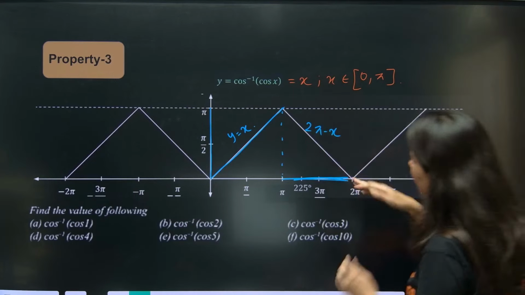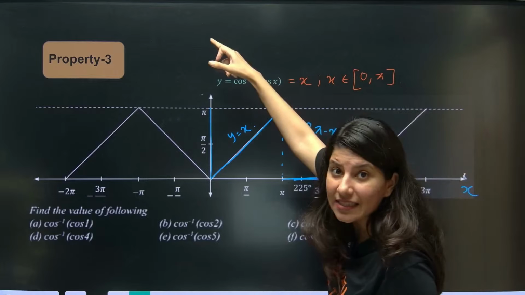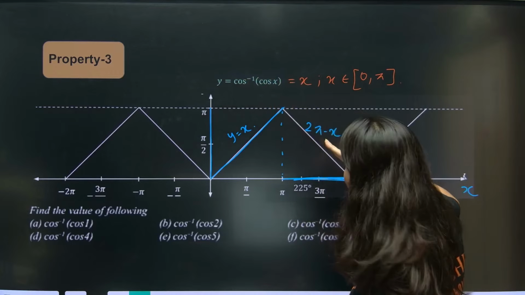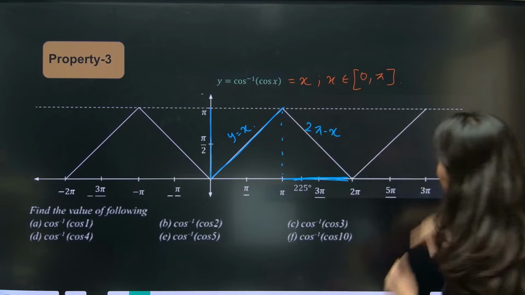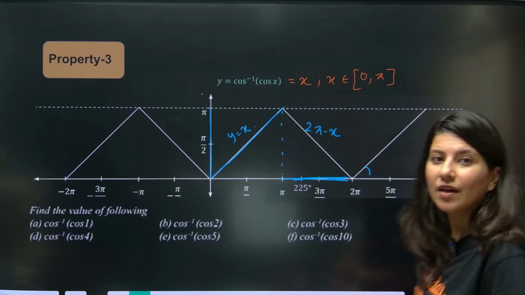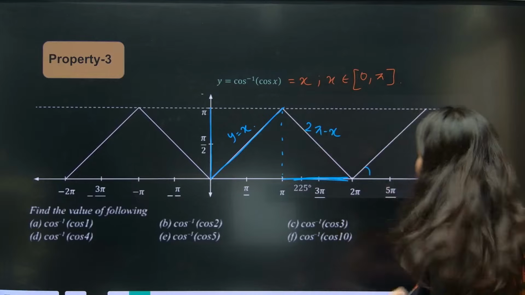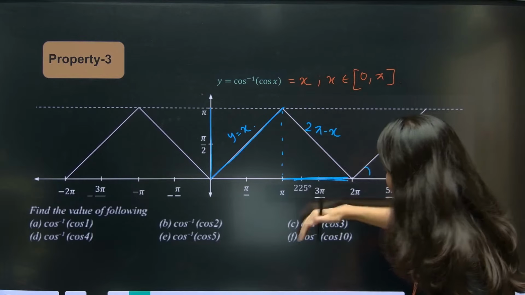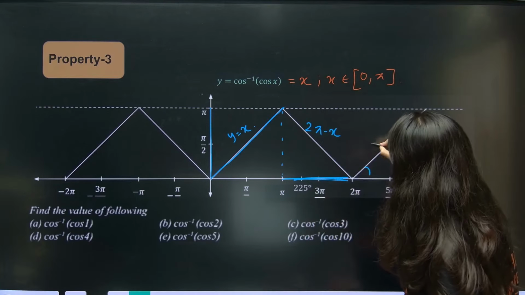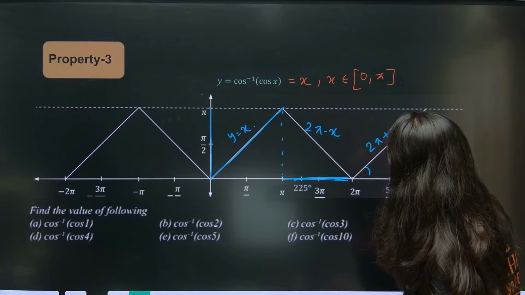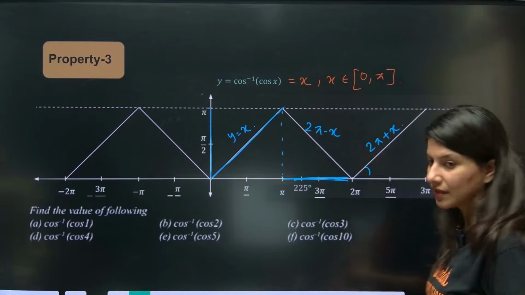See, this line will intersect the y-axis at positive 2 pi. That's why this is 2 pi. And what about this? This is 45 degrees. If you just make this go down, this is 2 pi plus x. Yes or no? This is 2 pi plus x.